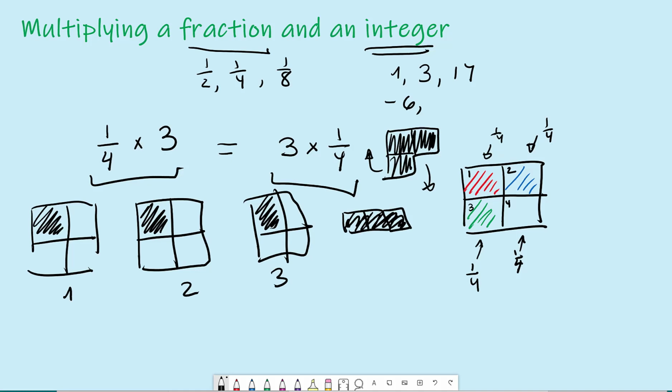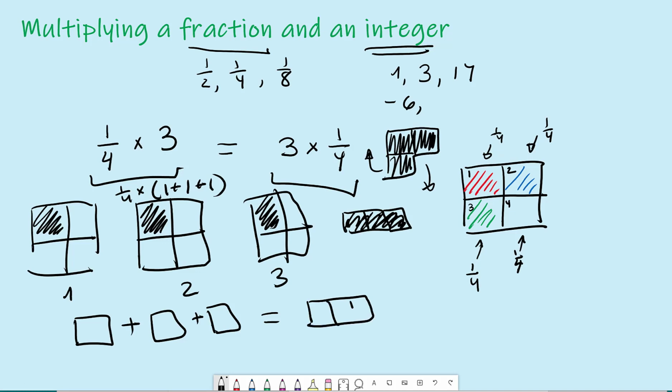So it's a fourth from 1 plus 1 plus 1. 1 plus 1 plus 1 is 3, and that's what I drew here. And so now we take this one, plus this one, plus this one here. And this equals, again, 3 squares. And so it's exactly equal to what we got in that first case where we looked at 3 times 1/4.